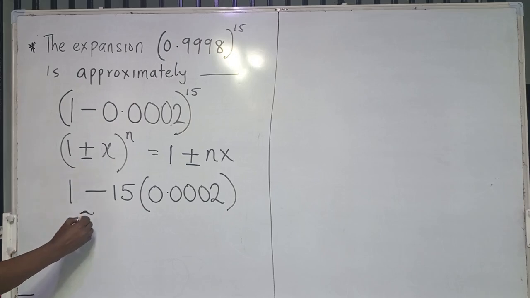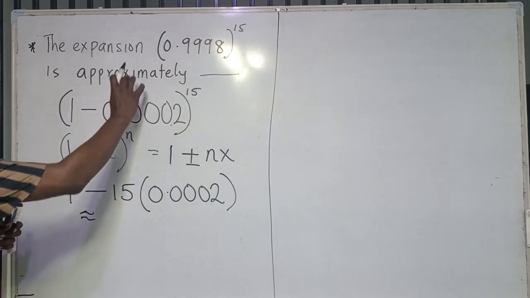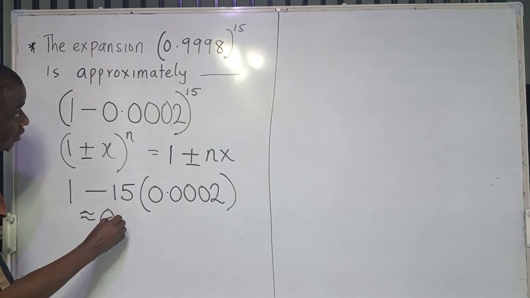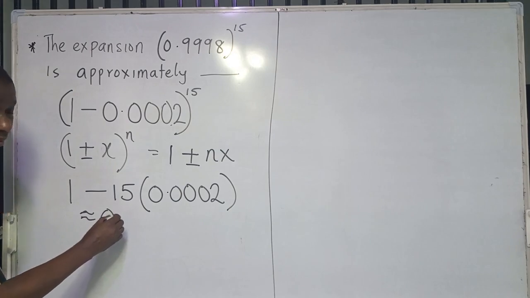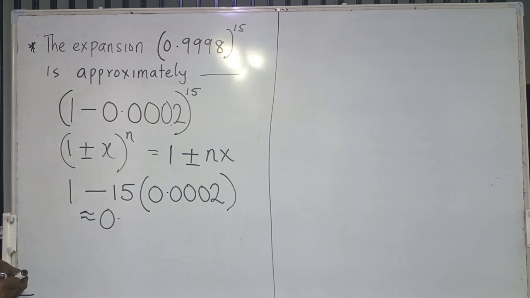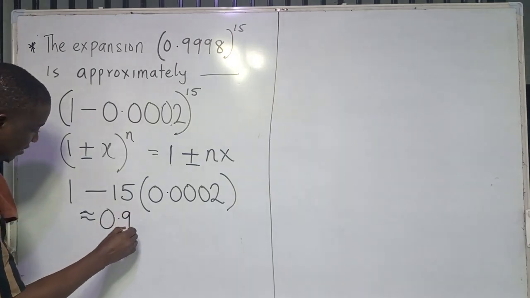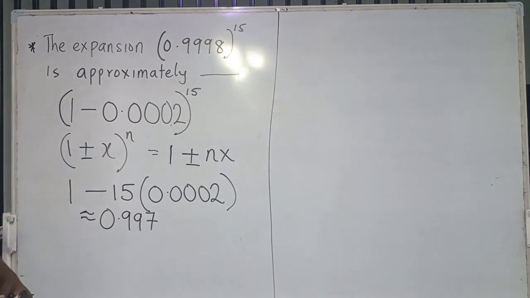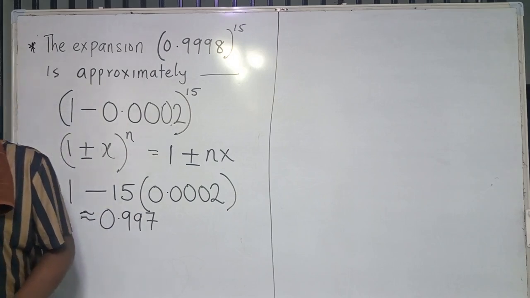Anything we get is an approximate value equal to this particular one. That is it. That's question one.